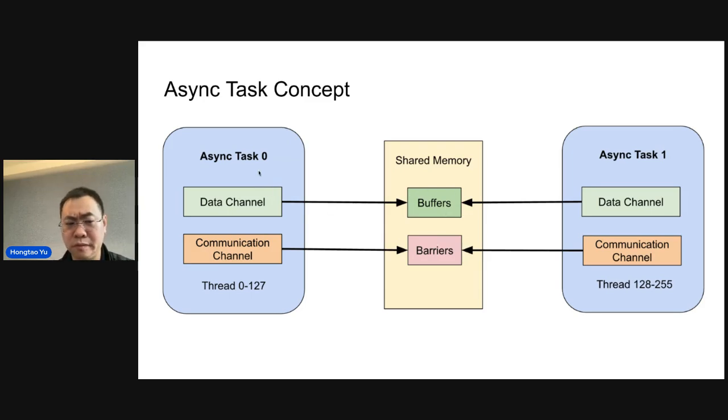So if task 0 is the producer task, it's going to produce its data into the shared memory, and the consumer task is going to fetch the data from there. The barriers are more for synchronization or communication. And on the bottom, one task will typically be mapped to a work group which has 4 warps and 128 threads in all. This is for the NVIDIA platform.